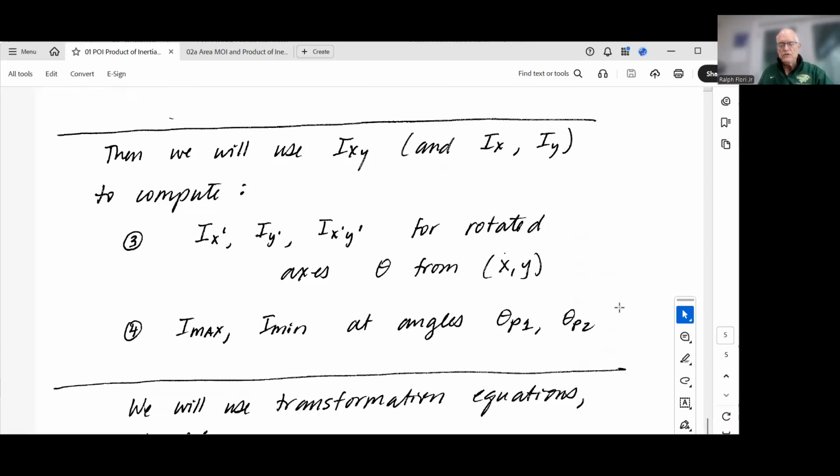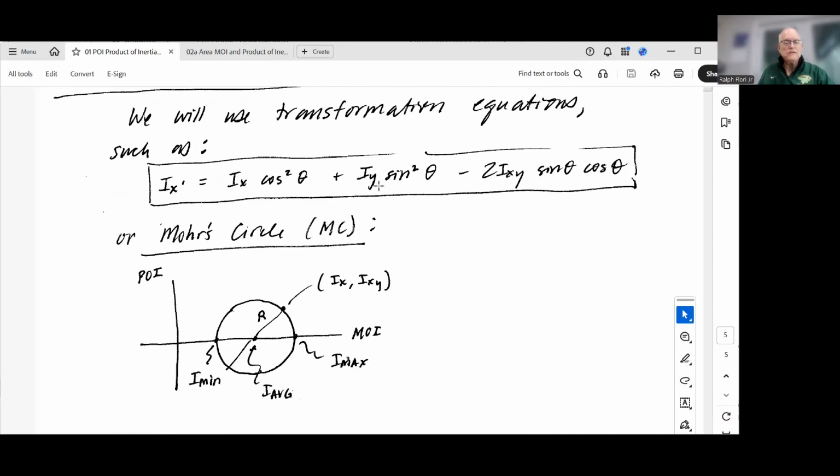We're going to use transformation equations. So this is a transformation equation: I at some orientation theta is equal to Ix cosine squared theta plus Iy sine squared theta minus 2 Ixy sine theta cosine theta.